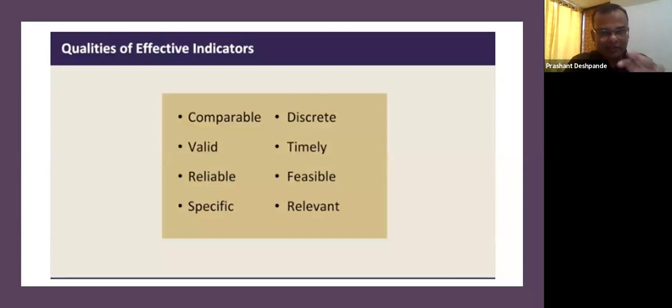Again, there is a link between the M&E plan and our logic model. Whatever goals and objectives we have put, that particular indicator should be giving pertinent information. If it is yielding pertinent information to the program objectives, then it becomes a relevant indicator.